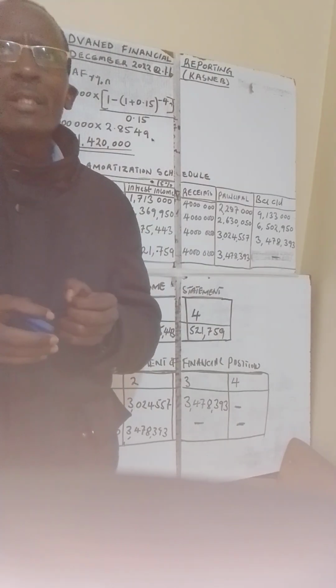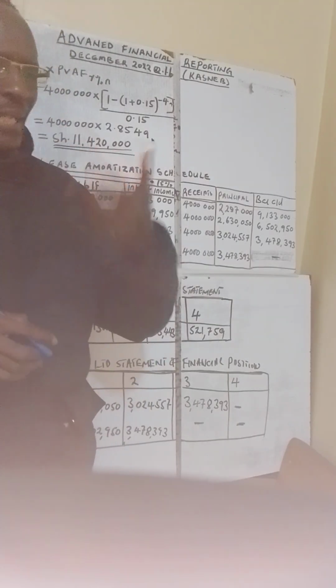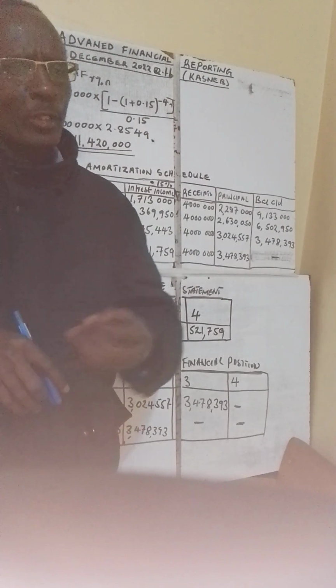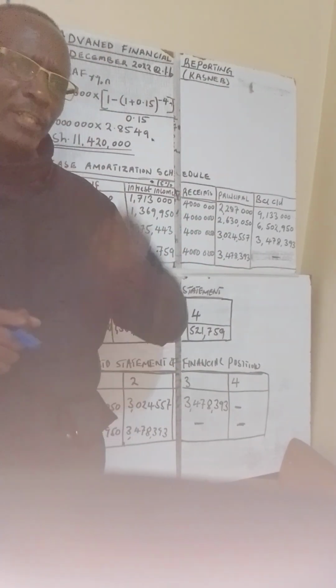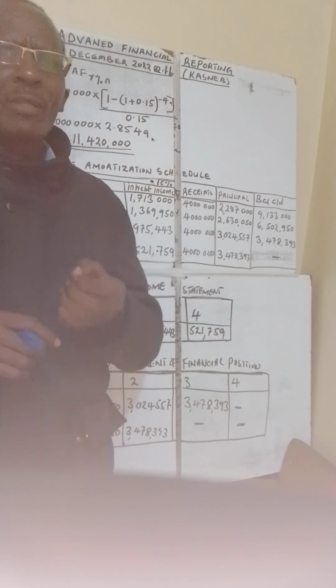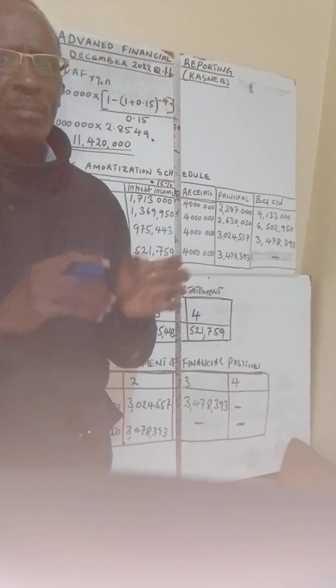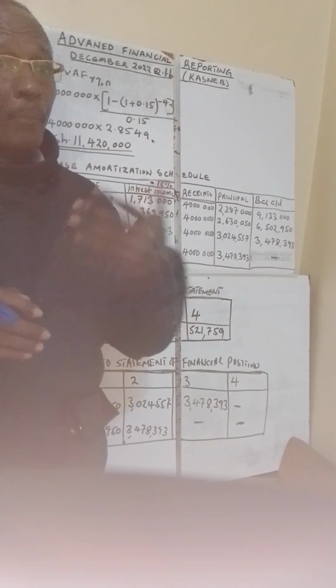So to avoid such a situation, the concept of leasing comes in. It is a way of financing a business whereby you just need to rent an asset and you'll be paying rental payments maybe per month or per year.